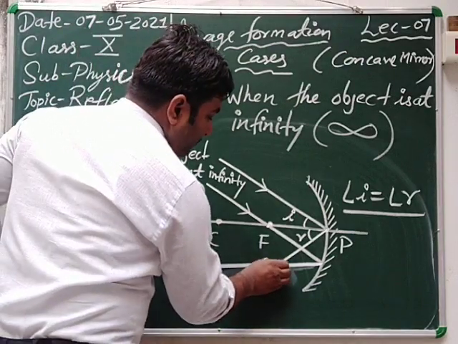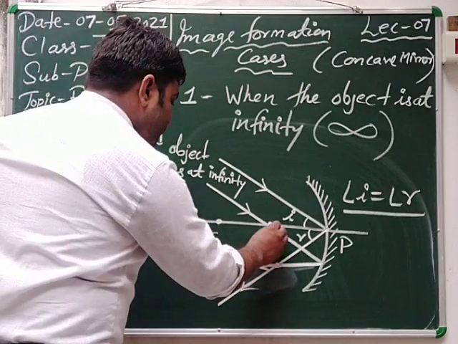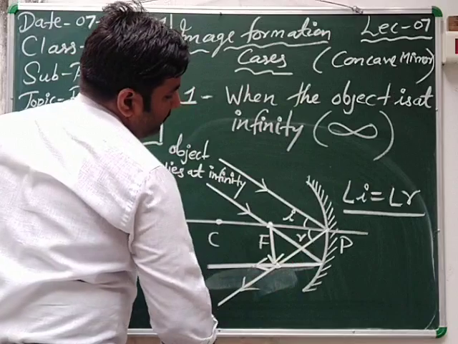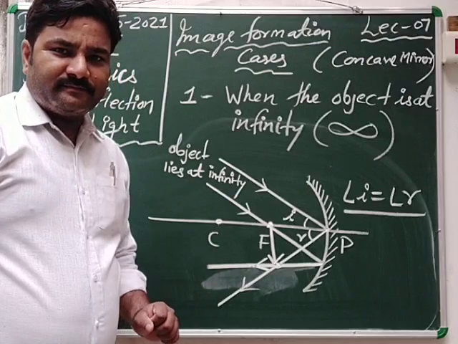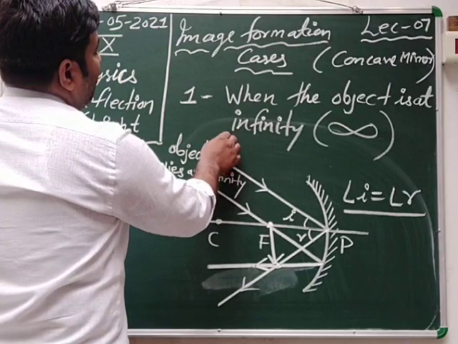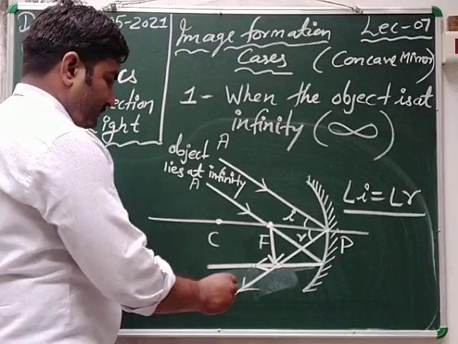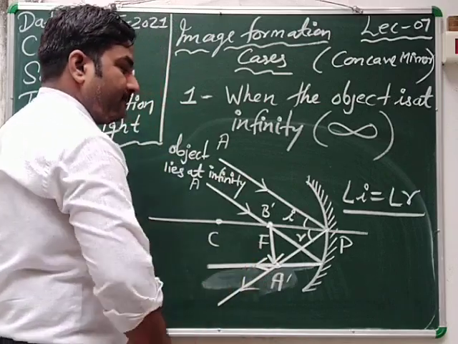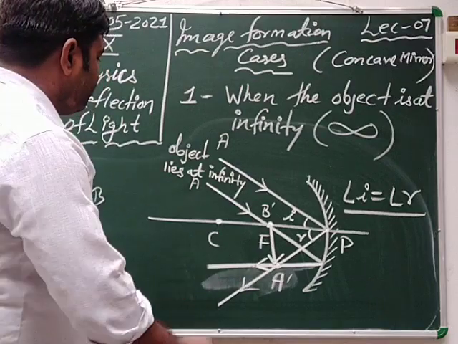And just see, these two rays meet at the point where the image is formed. This image is real. And suppose we are taking the top point of the object A and the bottom point B lies anywhere, no matter, but the image will form in such a way that A dash and B dash. This is the image of an object lying at infinity.